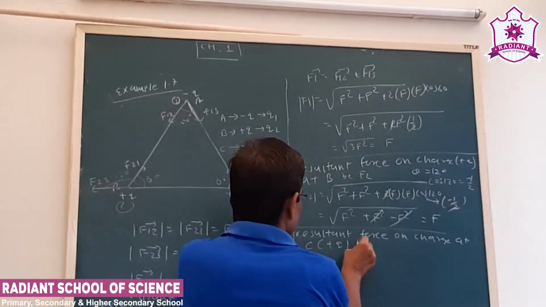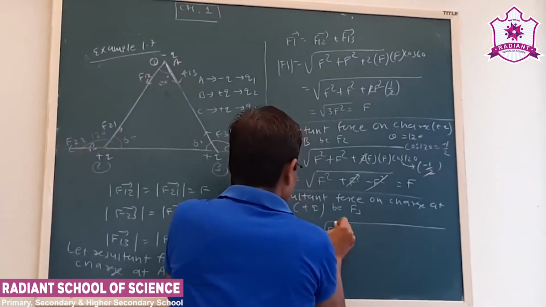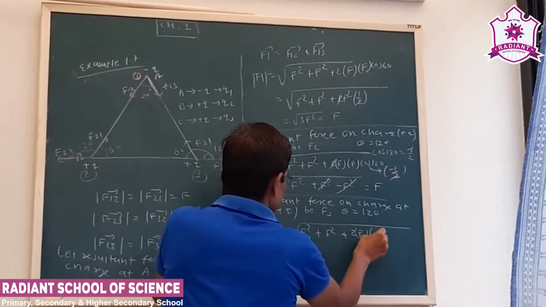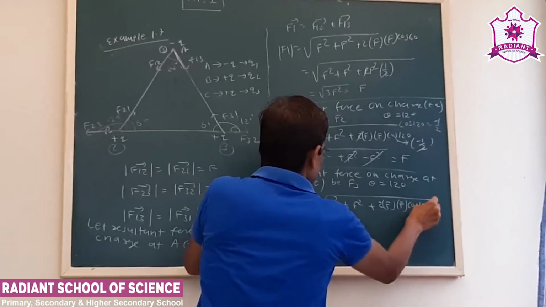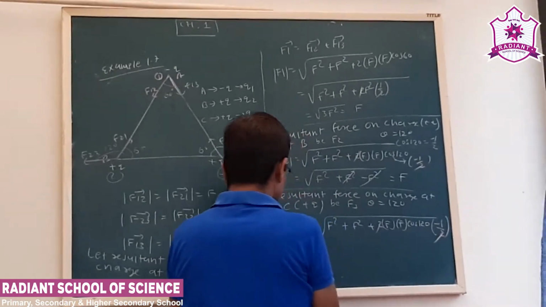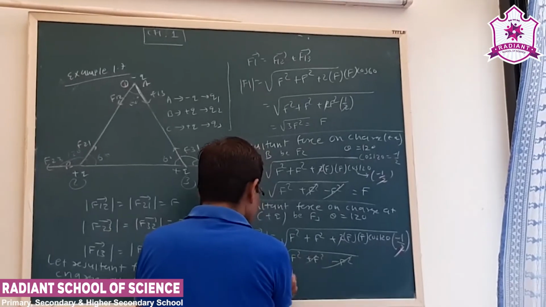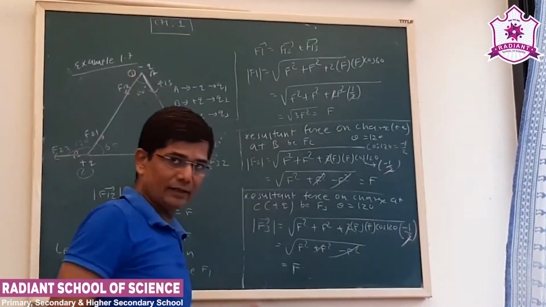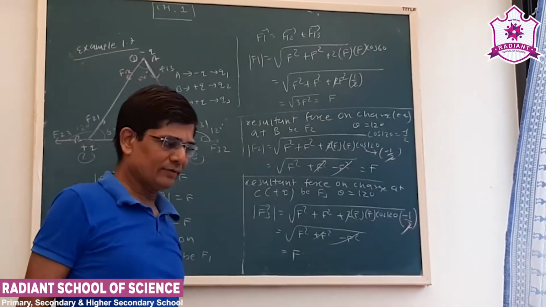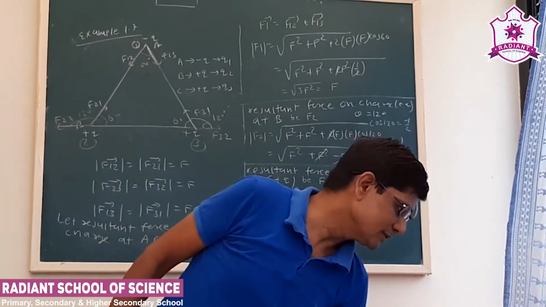So the resultant force F3, we are finding the magnitude: again F square plus F square, here also theta is 120, and cos 120 again is minus 1 by 2. So this is how the resultant force on the charge at C is F. Okay, so this is about example number 1.7.